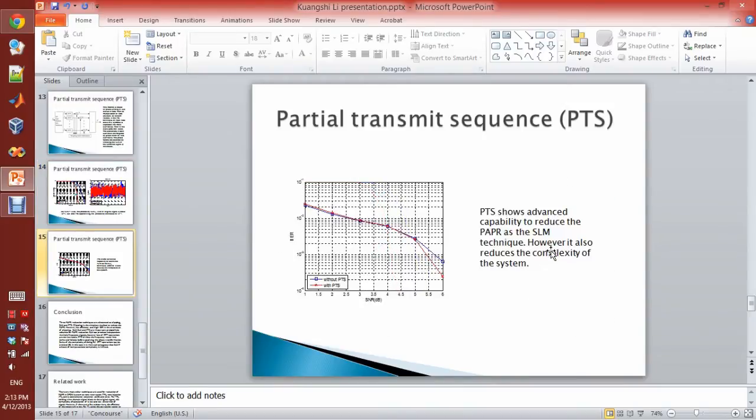For PTS, the bit error rate does not change much because it is also a method to increase the randomness of the signal, so the signal is not distorted. And also PTS reduces the complexity of the system.